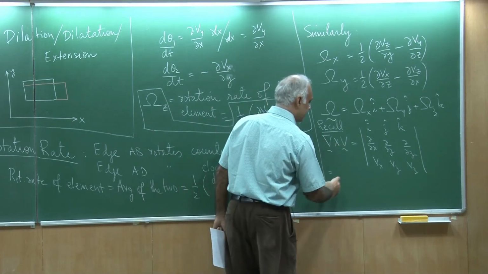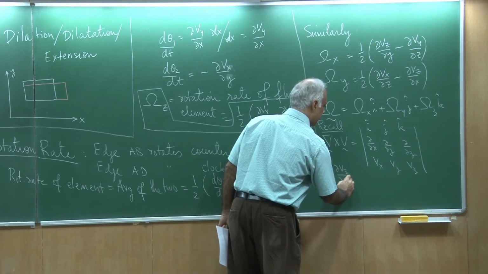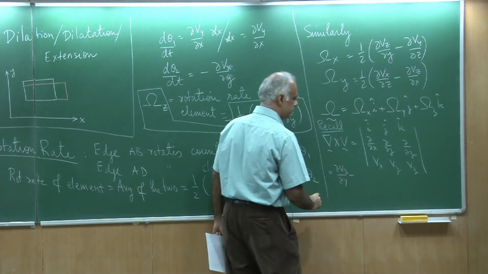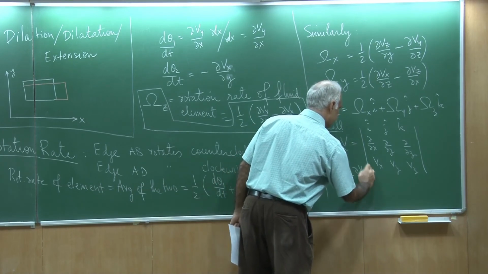So, for the i vector, excuse me, I get del Vz by del y minus del Vy by del z.